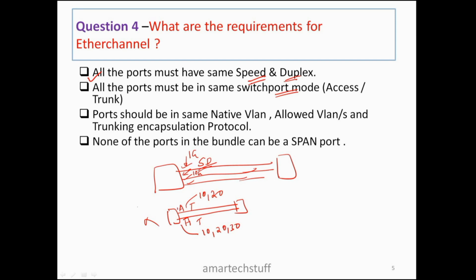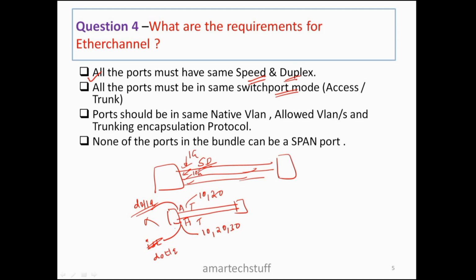If you are using 802.1Q over here and the trunking protocol ISL over here, then also the EtherChannel is not going to come up. The trunking encapsulation protocol also needs to be the same. If here it is 802.1Q, then here also it should be 802.1Q.